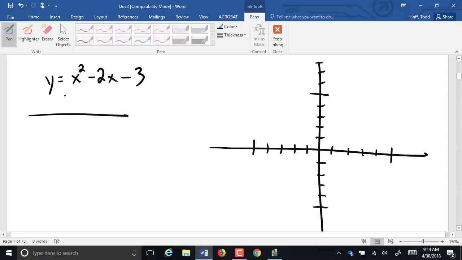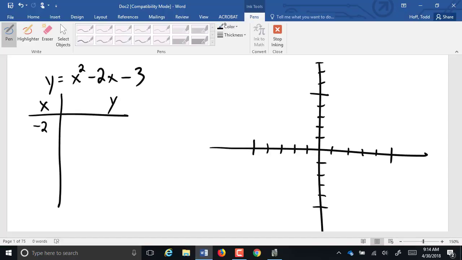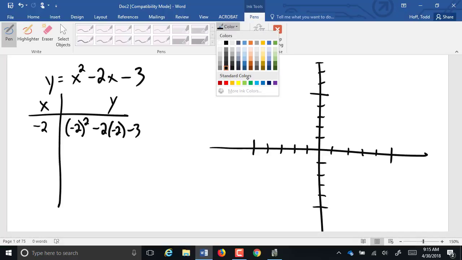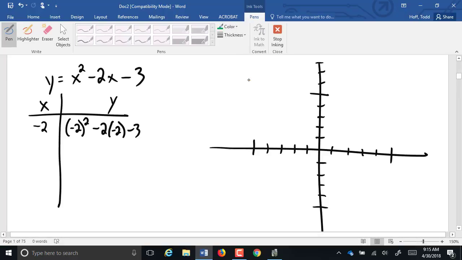So if I make a table here and I pick values for x, let's start out with x equals negative 2 again and figure out what y has to be. Well, y is going to be negative 2 squared minus 2 times negative 2 minus 3. I just replaced x with negative 2. Now here's where you got to be careful. Your calculator often wants to tell you the wrong numbers here.